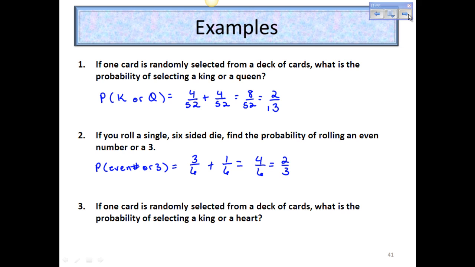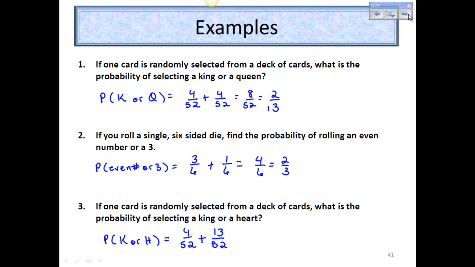If one card is randomly selected from a deck of cards, what is the probability of selecting a king or a heart? So, the probability of king or heart. Or being the key word, we're going to have to add. Probability of king is 4 over 52. Probability of a heart, there's 13 hearts out of 52.